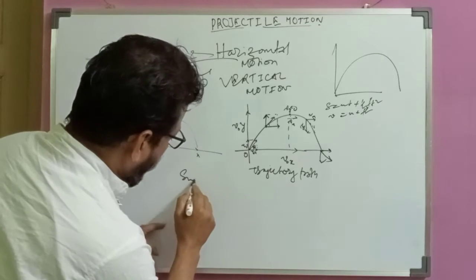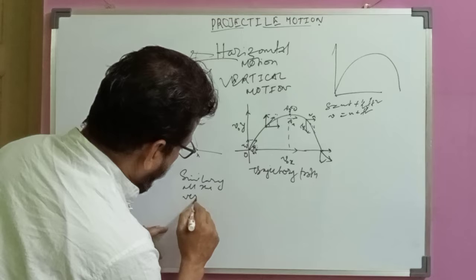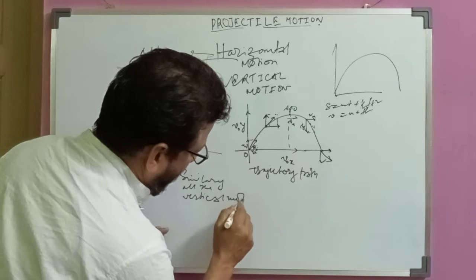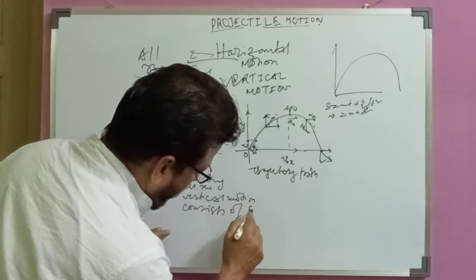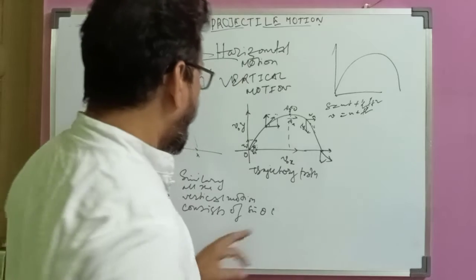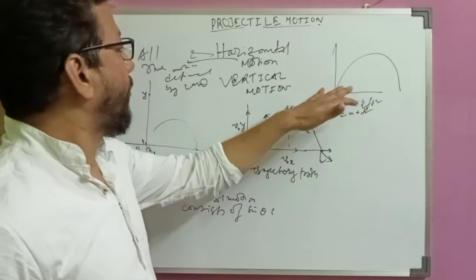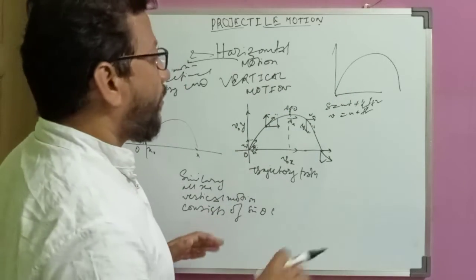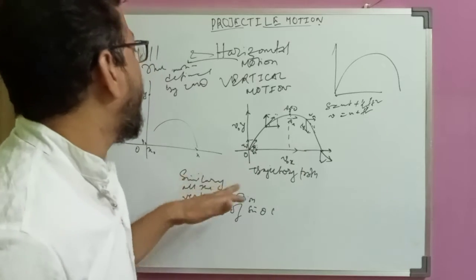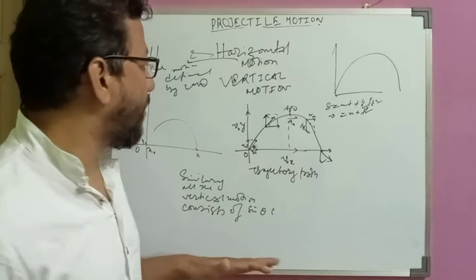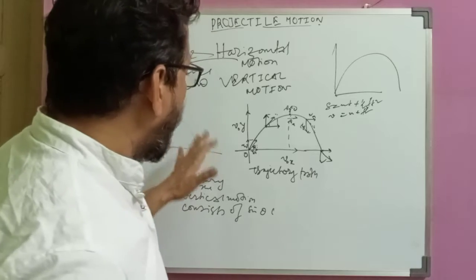Similarly, all the vertical motion consists of sin theta. It is a thumb rule. Whenever you do numericals or give an answer, if any question is there, give the logic. Keep in mind, horizontal means cos, vertical means sine. So these are the two parts.